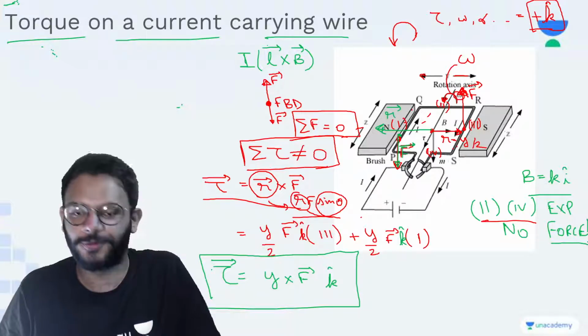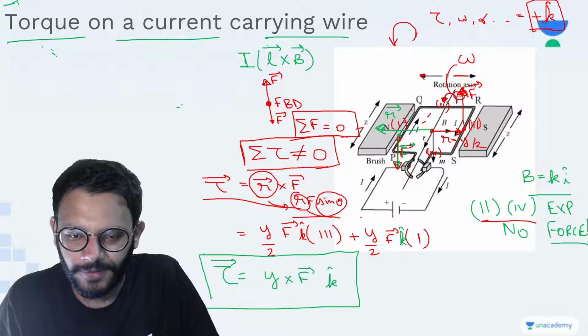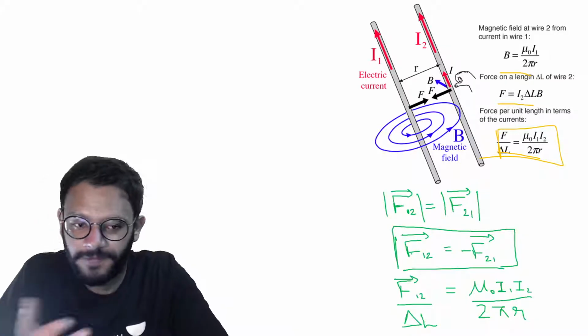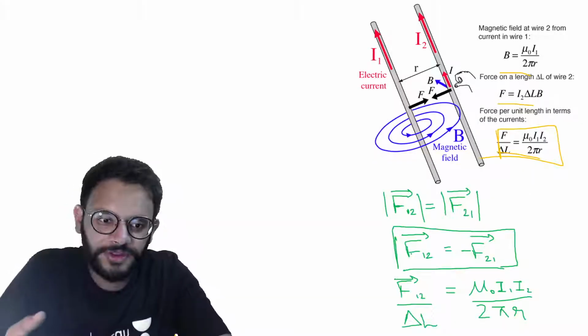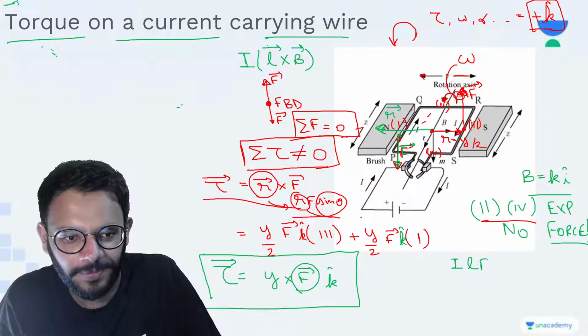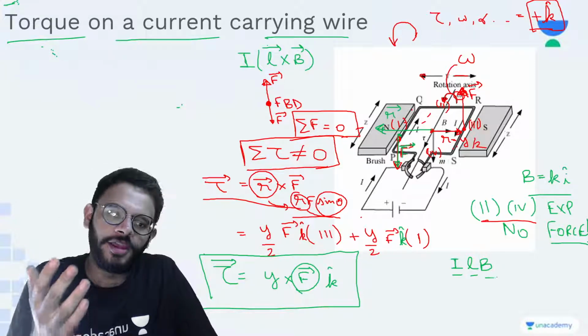Now we also know that the force, as we all just did, is actually just going to be the current I times L times B, isn't it? B I know, L I know.